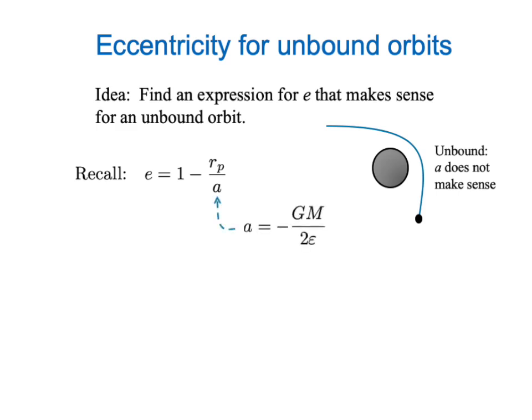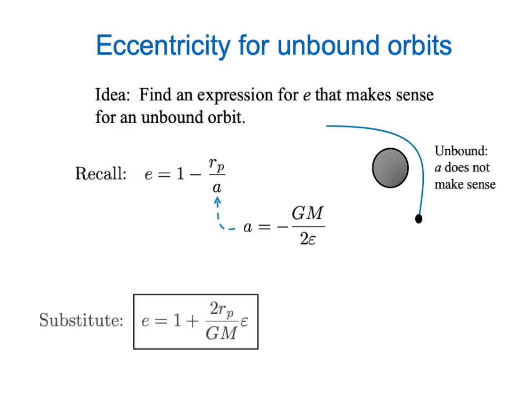But we can recall the fact that the semi-major axis is related to the energy of the satellite. The semi-major axis is minus GM over 2 times the specific energy. The specific energy, of course, is negative. But this would allow us to derive an expression that doesn't involve the semi-major axis, that only involves the energy. And so here's the expression.